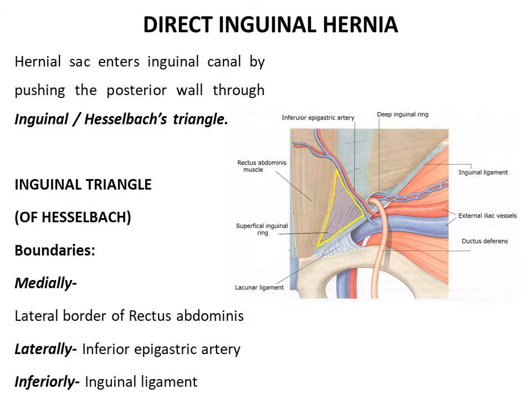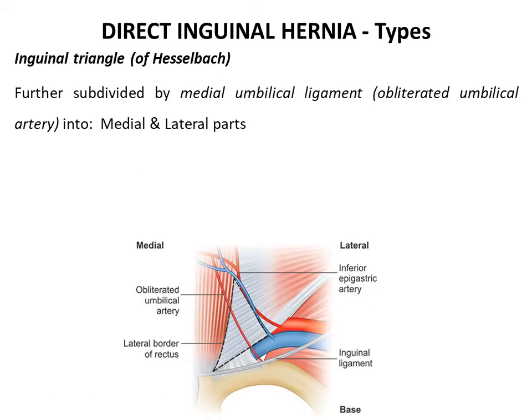It is formed medially by the lateral border of the rectus abdominis muscle, laterally by the inferior epigastric vessels, and inferiorly by the medial part of the inguinal ligament. The inguinal triangle is further crossed by the medial umbilical ligament, which is formed by the obliterated umbilical artery. This ligament further subdivides the inguinal triangle of Hesselbach into two parts, medial and lateral parts.